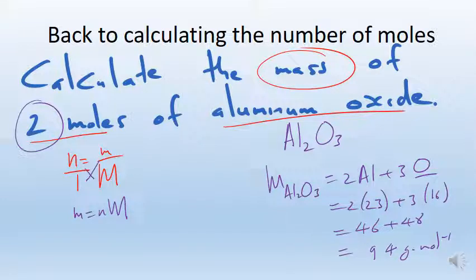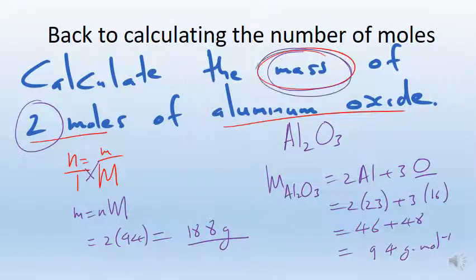No need for the calculator. Number of moles is 2, and then we're going to multiply that by 94. And that gives me 188 what? Grams, because that's what we want. We want the mass. The mass here is measured in grams. It's 188 grams of aluminium oxide. It's interesting that we can do these things without a calculator.